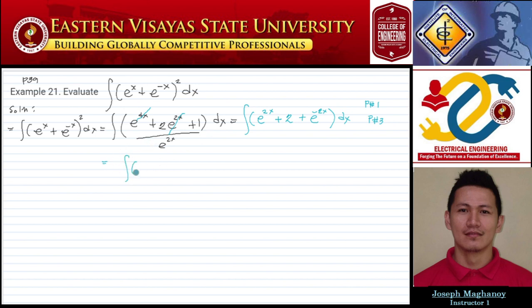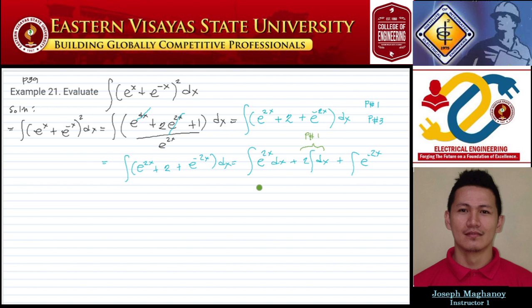Okay, so let's continue. Integral of e raised to 2x plus 2 plus e raised to negative 2x dx is also equal to integral of e raised to 2x dx plus integral of 2 dx plus integral of e raised to negative 2x. So we apply our first property. Now we can apply property number 1 here.